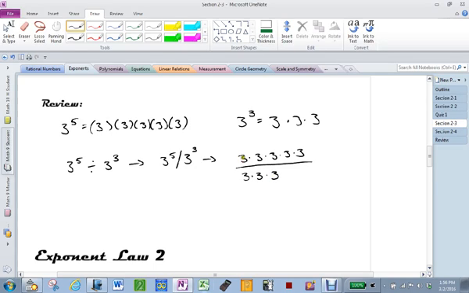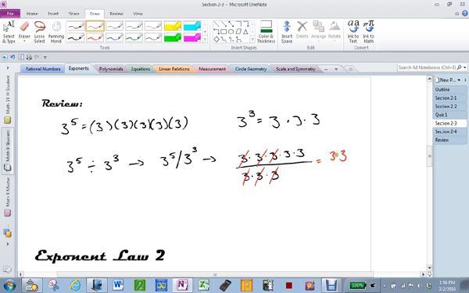What is 3 divided by 3? 1. So what do I get to do to them? Cross it out. What is left? 3 times 3.